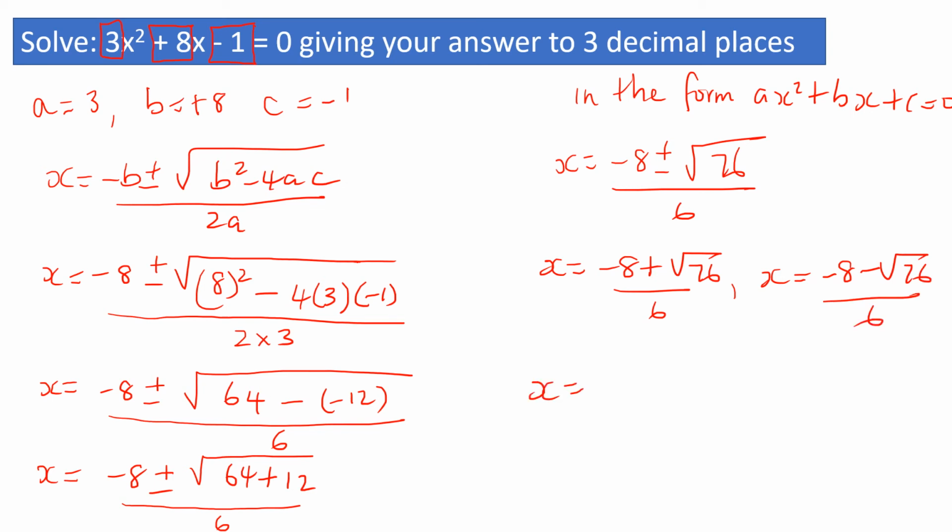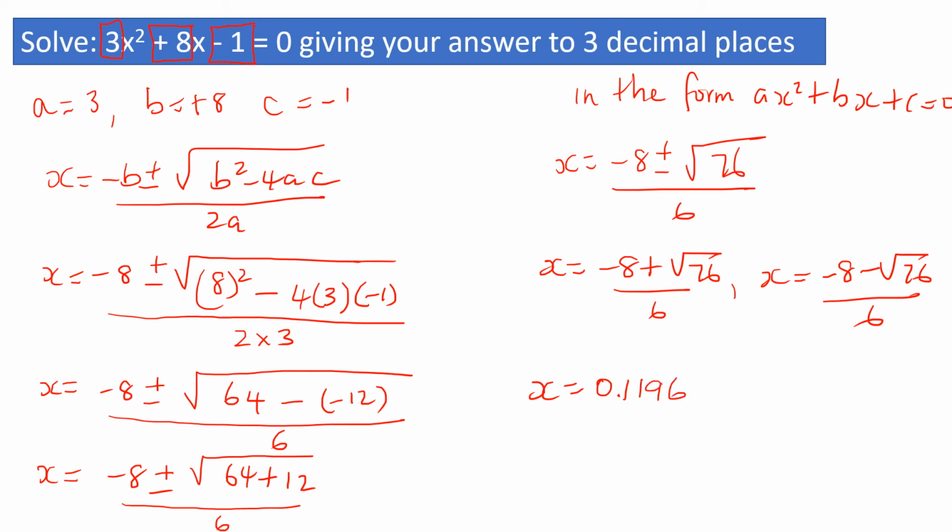So X is equal to, now remember we want our answer to three decimal places, so I'm going to plug that in. The square root of 76 plus a minus 8 is going to give me 0.717. I'm going to keep that value and divide by 6. I'm going to get 0.1196.